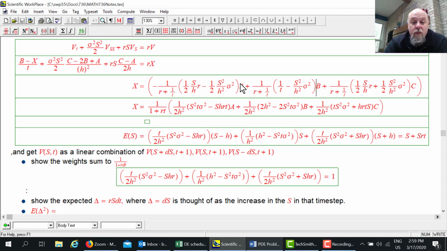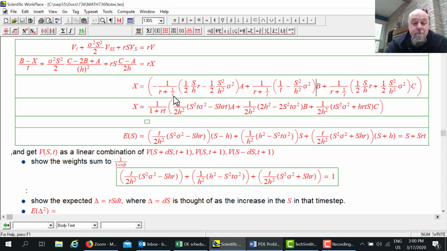Now, what we'll notice here is that the brackets are not constant, they have s's in them. So for every row of the spreadsheet, if we're doing this with the spreadsheet, every row of the spreadsheet is a different stock price. So these brackets will be different for every row. The h, that's how we're chopping up the stock, that's a constant.